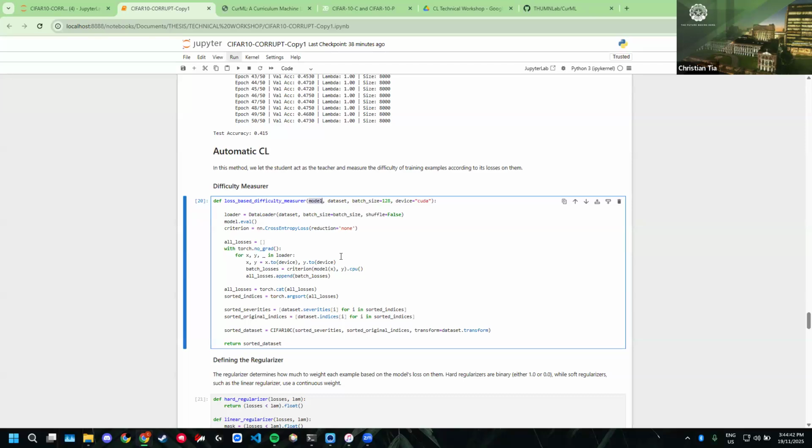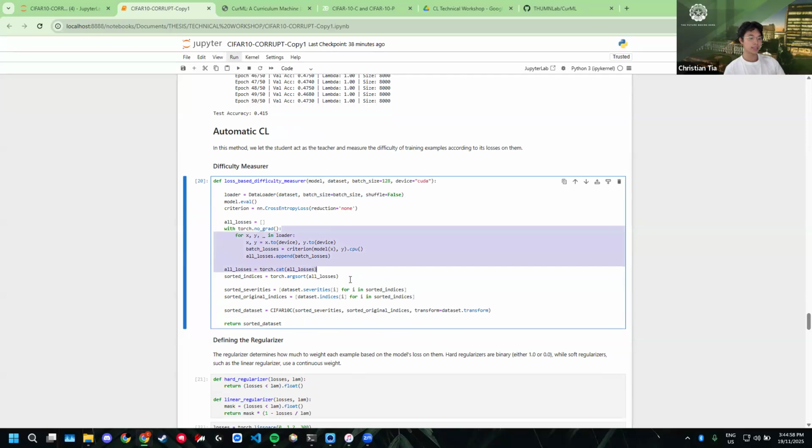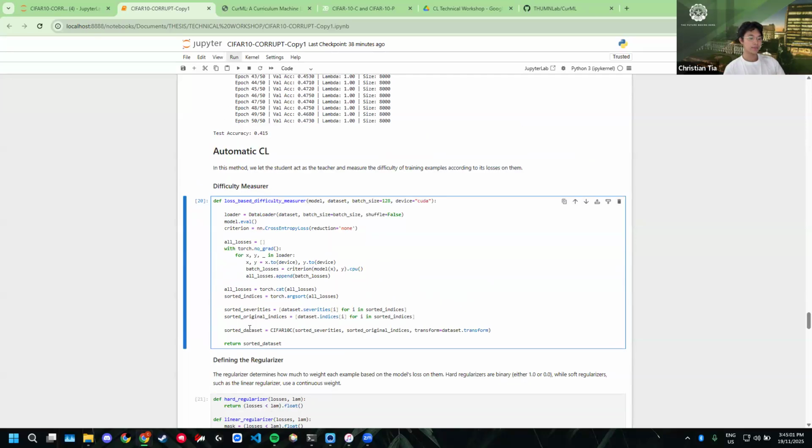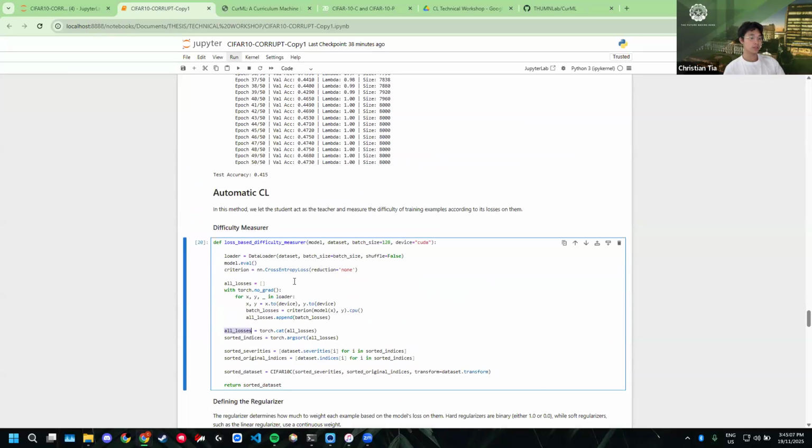If the loss is high, we think, okay, this is difficult for that student, let's consider it difficult. And if the loss is very low or zero, then that would constitute an easy example. That's all this function does: it does the forward pass, and it sorts the training set based on the loss that we calculate here.